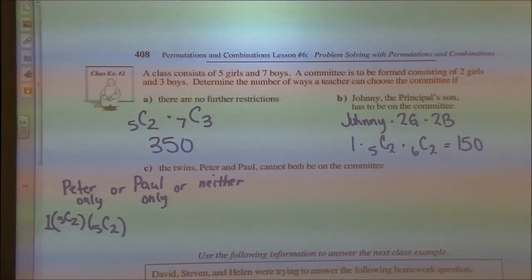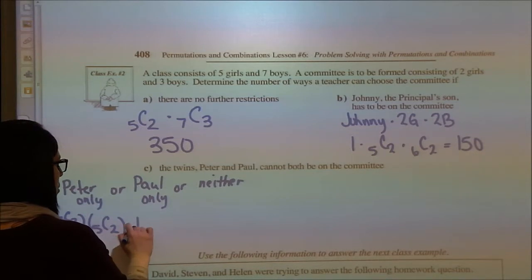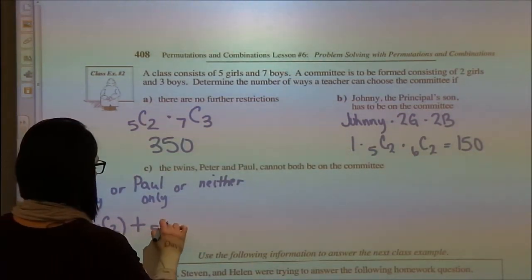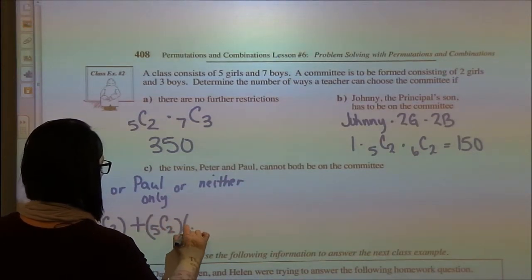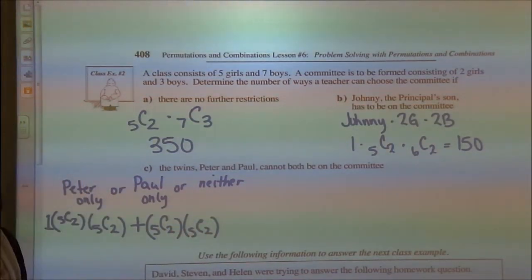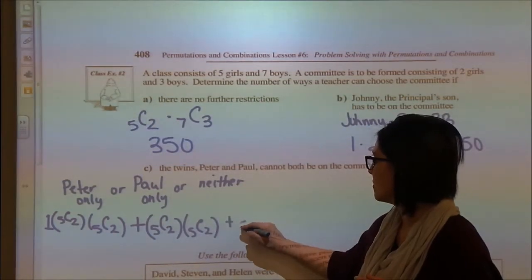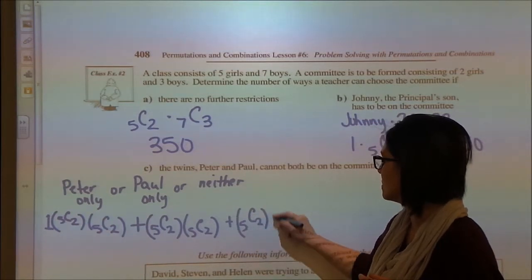So this would be including the 5 other boys, because Peter and Paul make the other 2 to make maybe 7 boys, but I can't choose Paul in this one. And then I have or, which is adding. And then the Paul only would be 5C2 and 5C2. And then the neither, 5C2 for my girls.